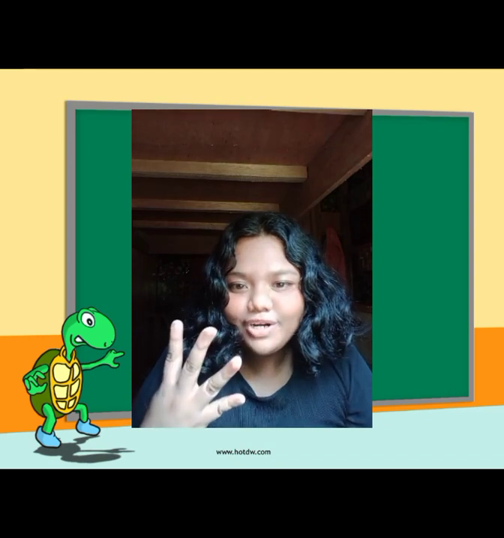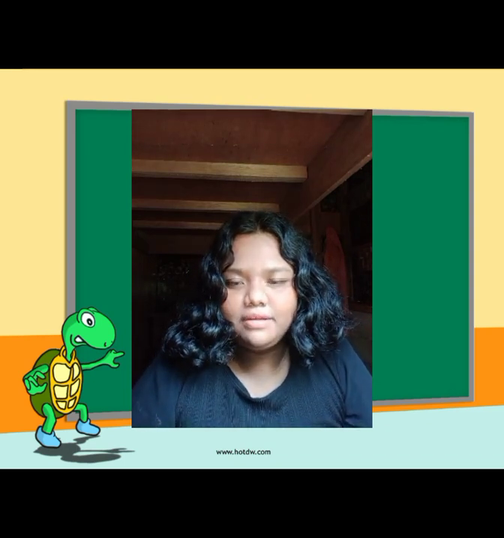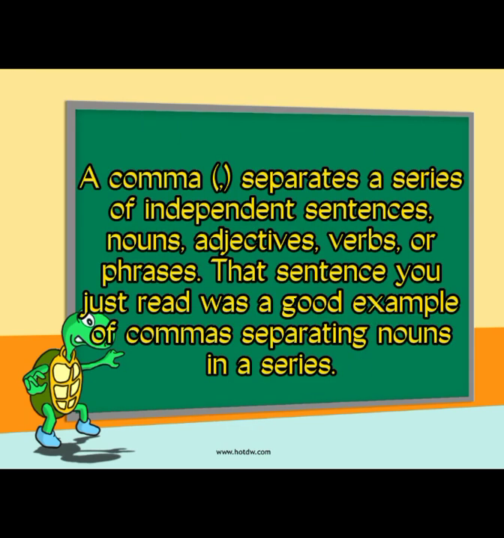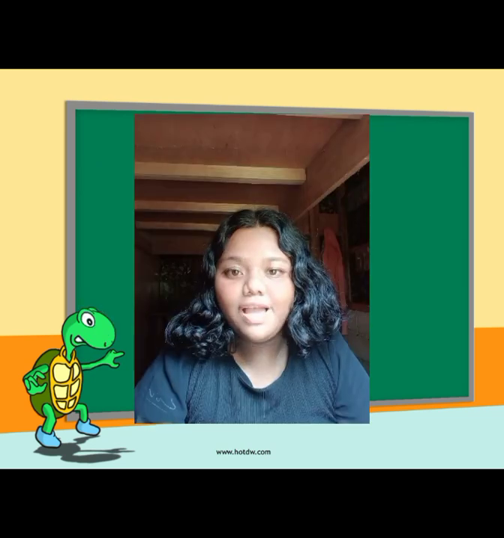Fourth, we have the comma. What is a comma? A comma separates a series of independent sentences, nouns, adjectives, verbs, or phrases. That sentence you just read was a good example of commas separating nouns in a series.